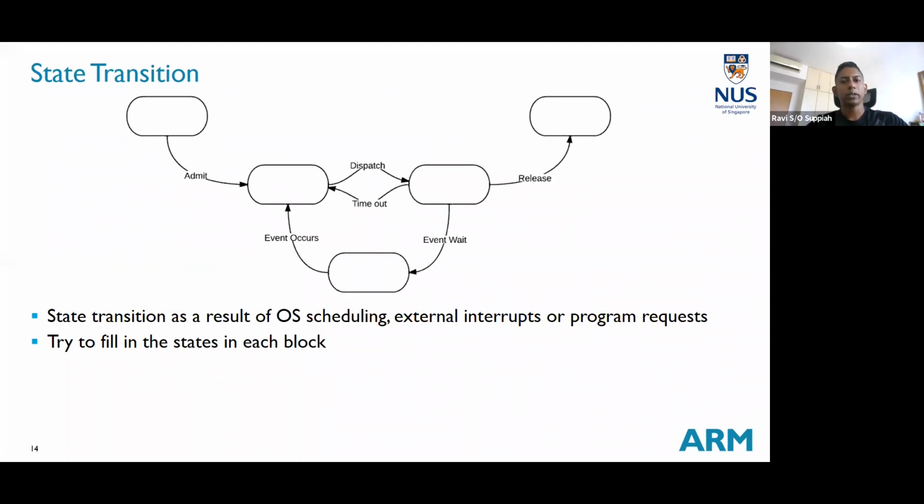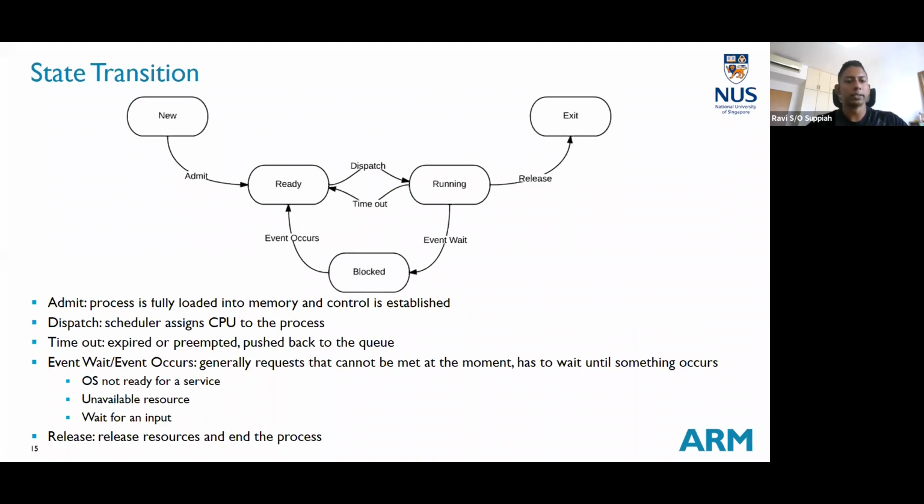The first thing is new. Whenever I create a new task, later we will see the example, the OS will automatically admit that process into what we call the ready queue. Inside this ready state, there is a ready queue.